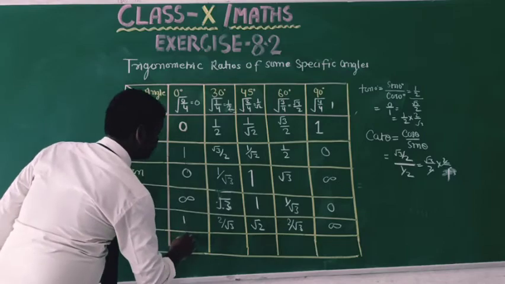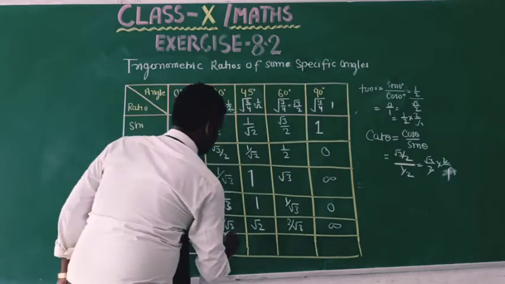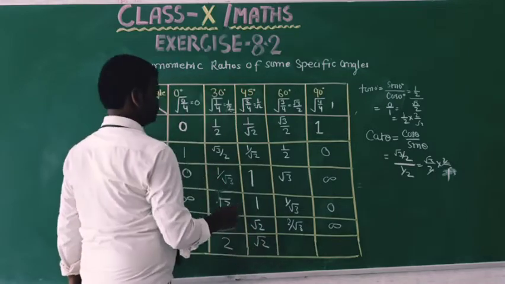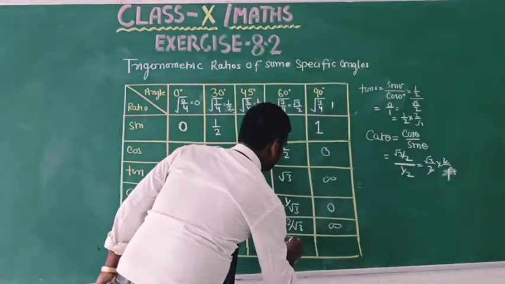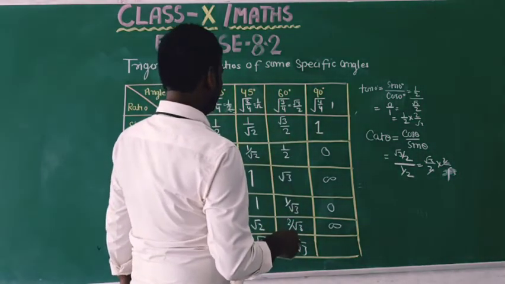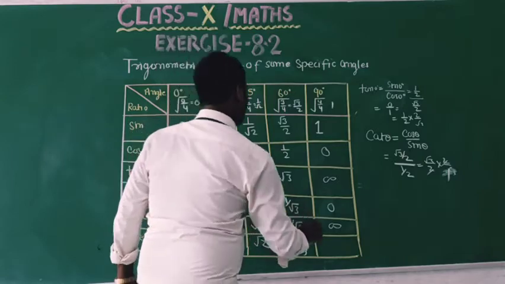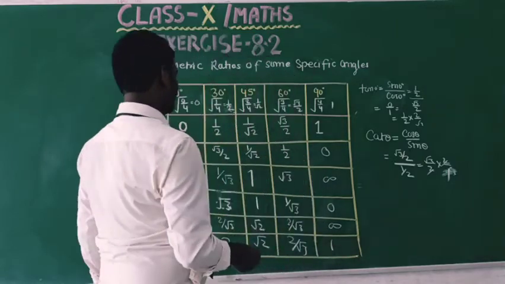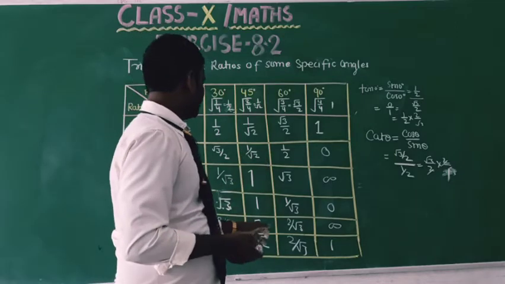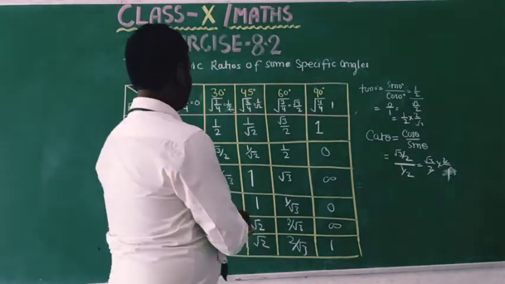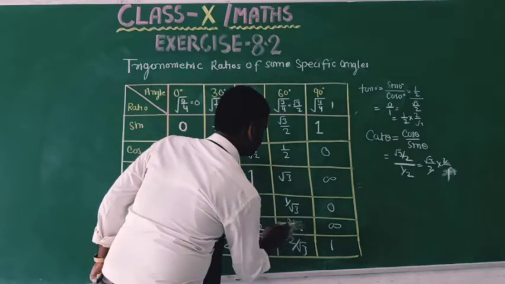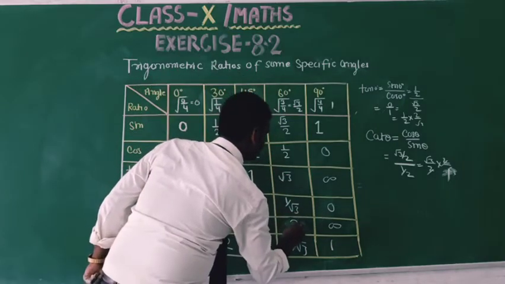So this is infinite, 2, square root 2, 2 by root 3, and 1. Here was a mistake: for sec, this is 2.